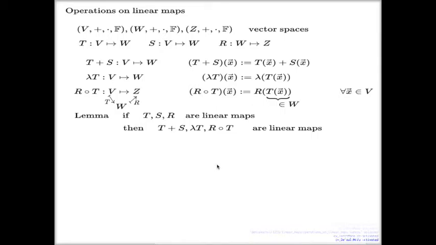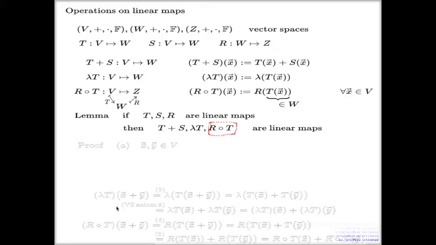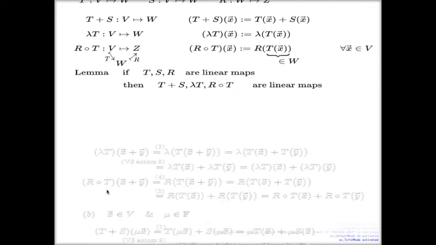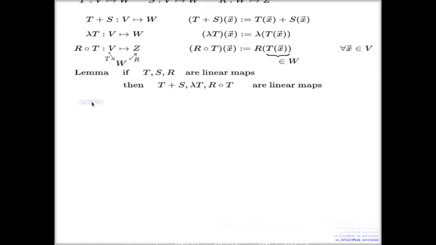So I'll check these two requirements, little a and little b, which you need to check if you claim that something is a linear map. I'll check it only for this operation, for composition. So here it is. I need to lift it up a little bit. So it's a proof.